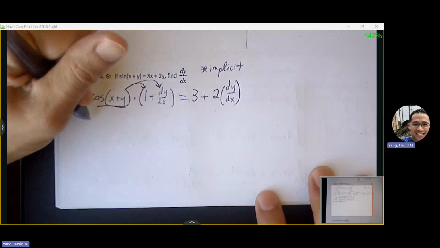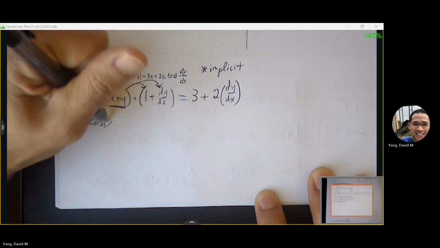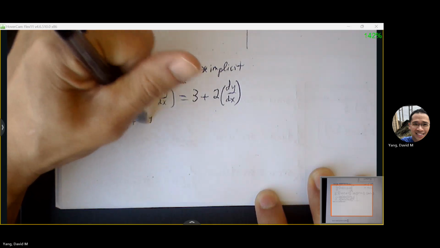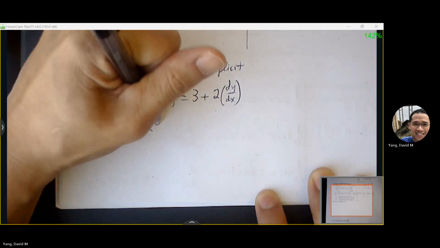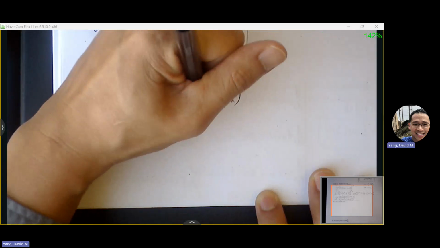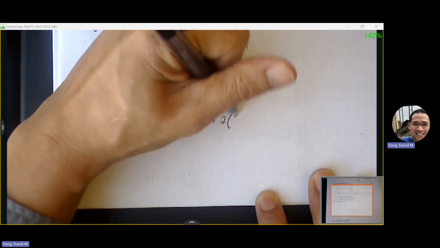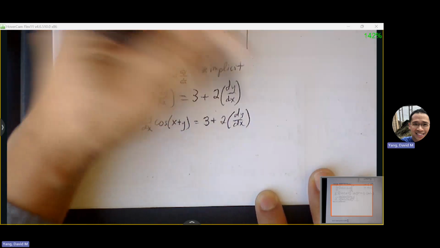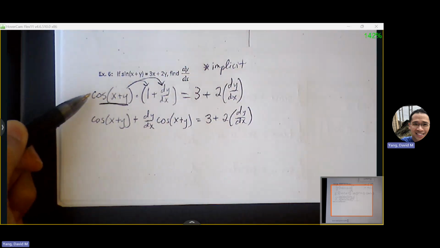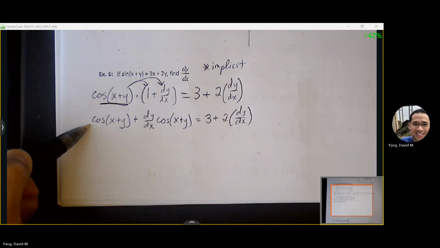So we'll distribute that cosine of x plus y through. And now we can have 4 individual terms that we can move around freely and group them the way we want to group them. Is everybody good with moving from this step to this step?